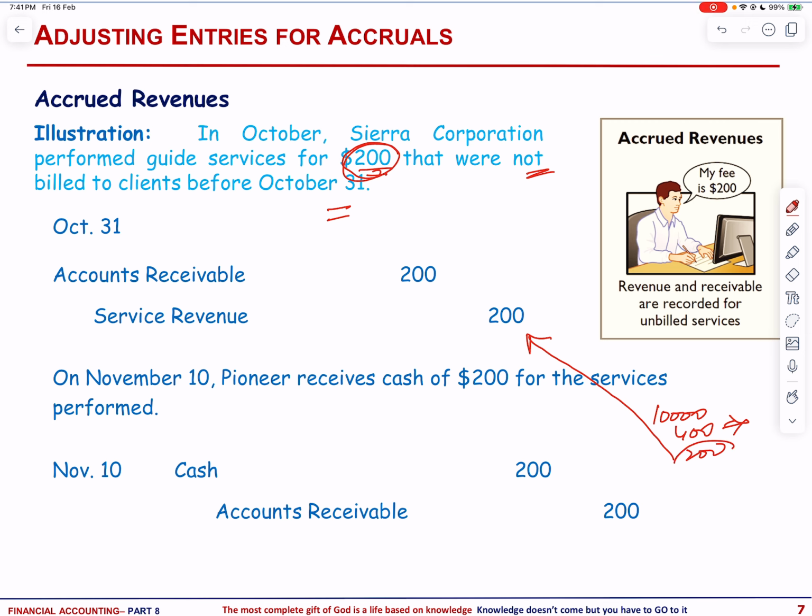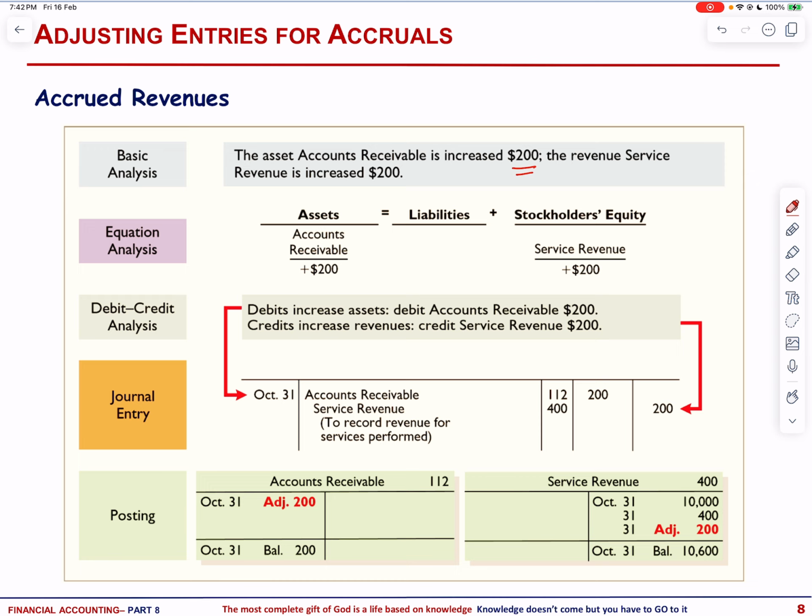Now, if on November 10, Sara receives 200 cash for the services performed, then obviously cash will be debit and accounts receivable will be credit. This has been explained in this table. You can see that accounts receivable increases by 200 and the service revenue increases stockholders' equity by 200.